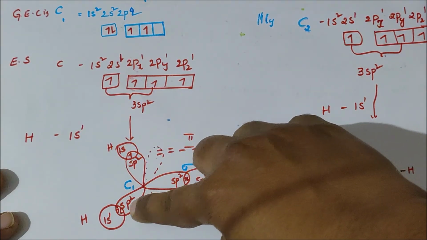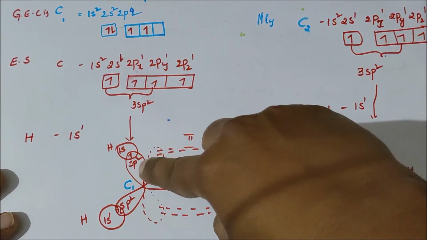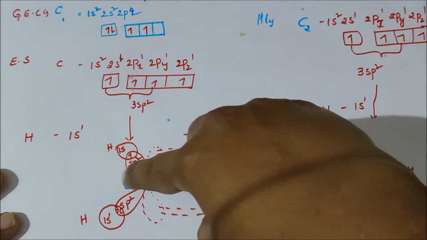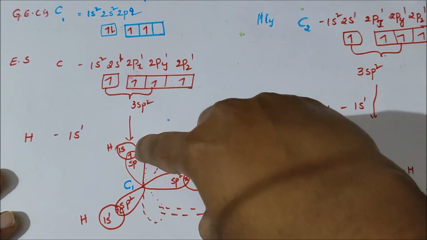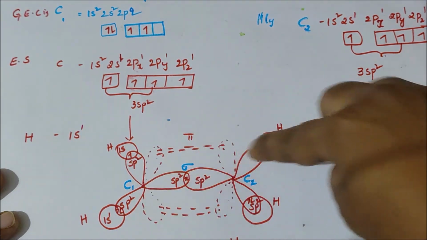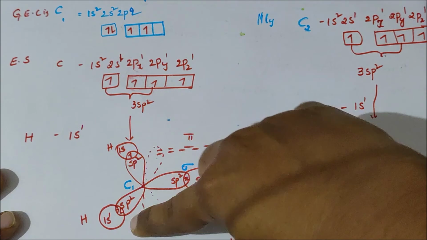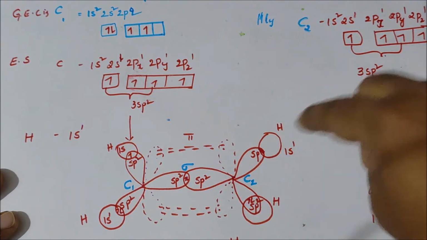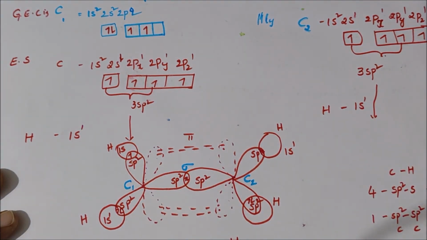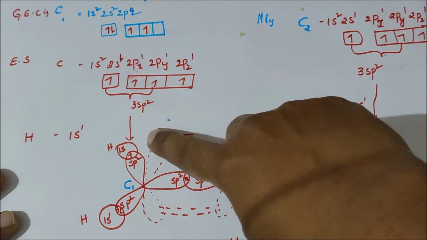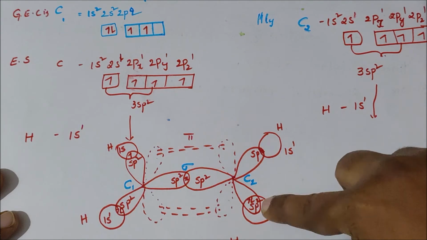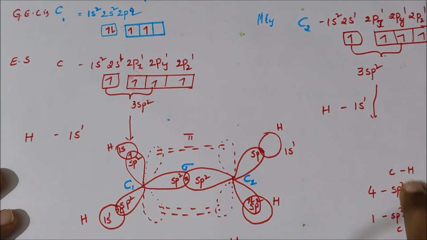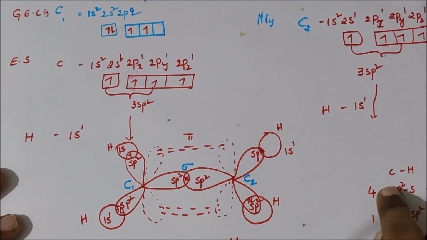The sp2 hybrid orbitals overlap with the hydrogen 1s1 orbitals, pairing to give 4 sigma bonds. That means 4 sigma sp2-s bonds are formed between carbon and hydrogen.